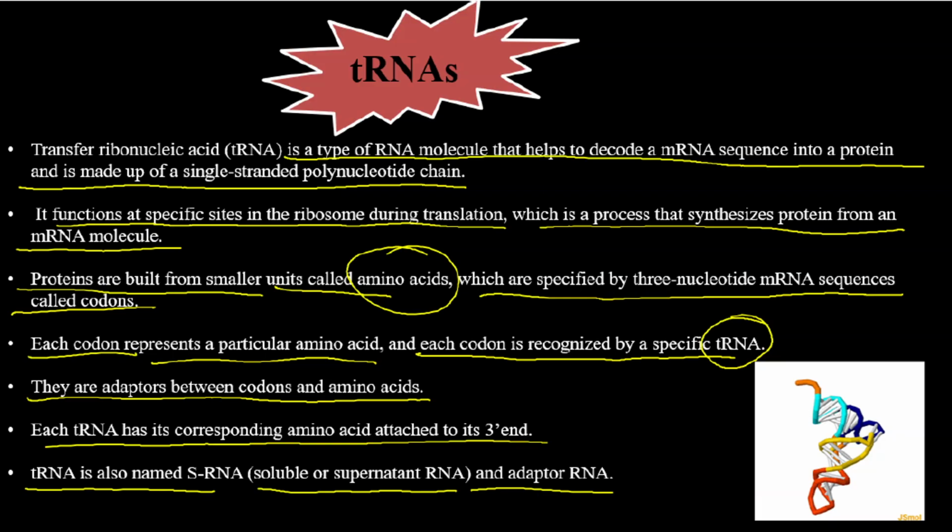Each codon represents a particular amino acid and is recognized by a specific tRNA. They are adapters between codons and amino acids. Each tRNA has its corresponding amino acid attached to its 3' end, which should also have CCA in it. tRNA is also named sRNA, soluble or supernatant RNA, and adapter RNA.